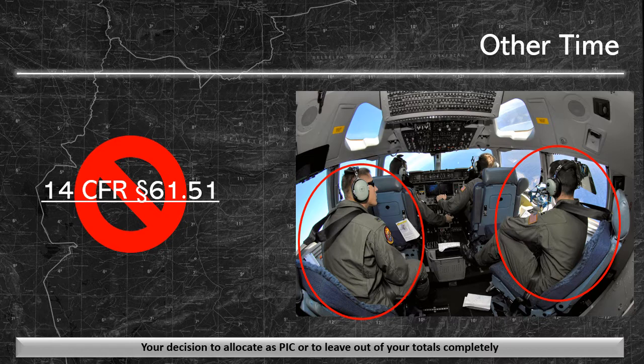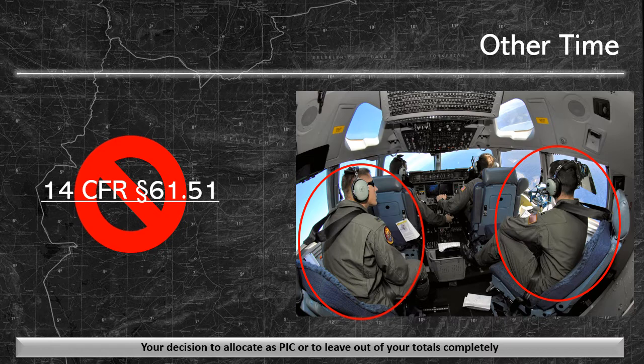And this is totally justifiable, because if there was an incident where you were the aircraft commander and you were solely responsible for the safe operation of the aircraft, you aren't allowed to tell the investigation board, well, I wasn't logging PIC time when that happened, I was logging other time. If you sign off for the jet, you are responsible during all phases of flight, so you should be able to log PIC time.